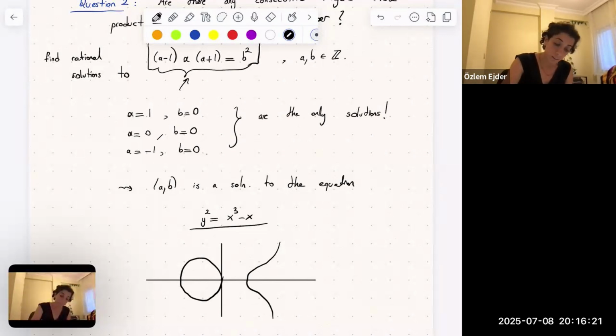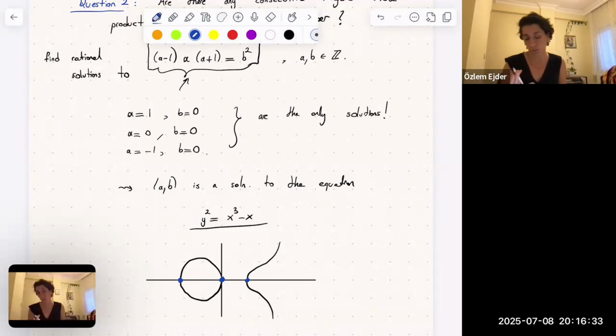The points that I listed here are, there's one here, there's one here, and there is one here. So you got 3 points. And those are the only integer solutions. Obviously, there are other points on this curve, but those coordinates won't be given by integers for both a and b.